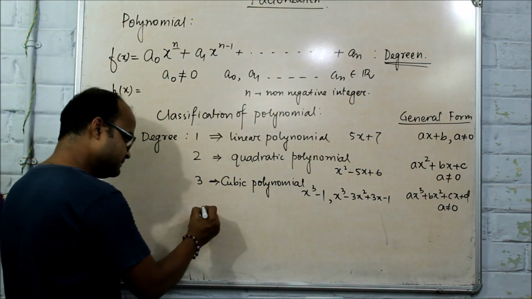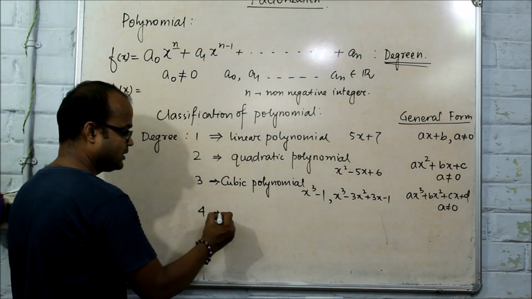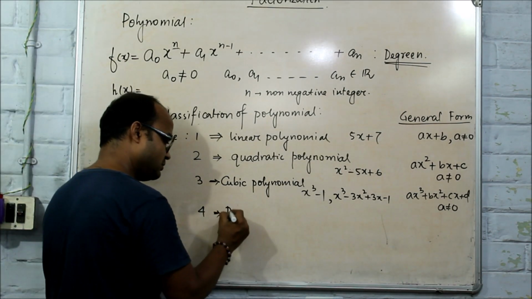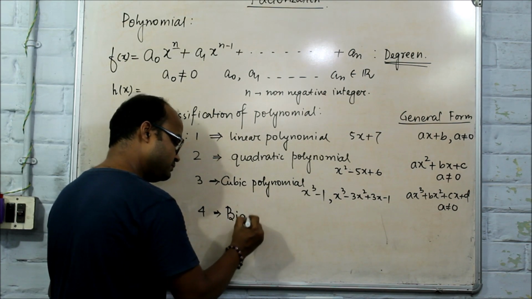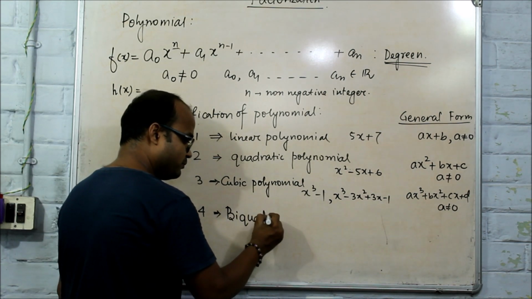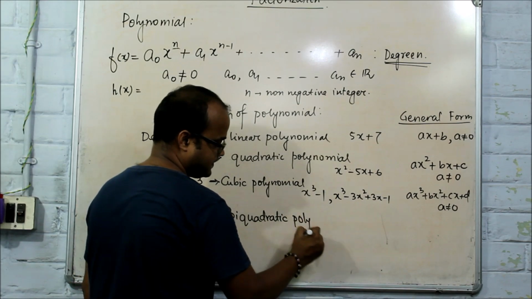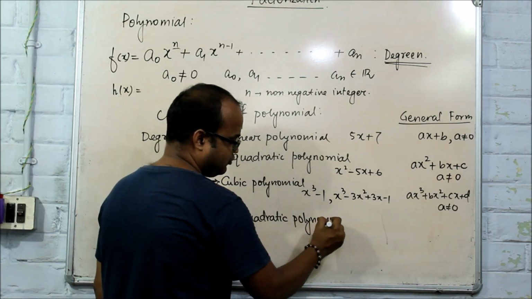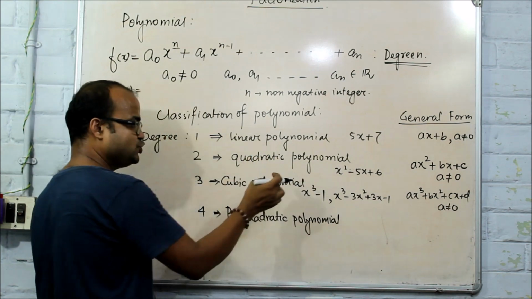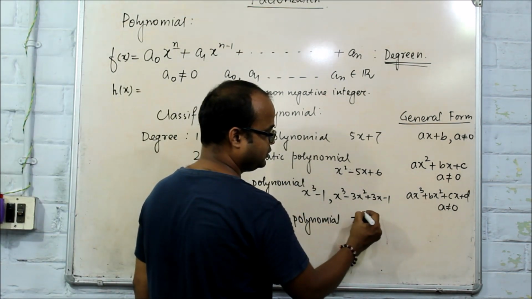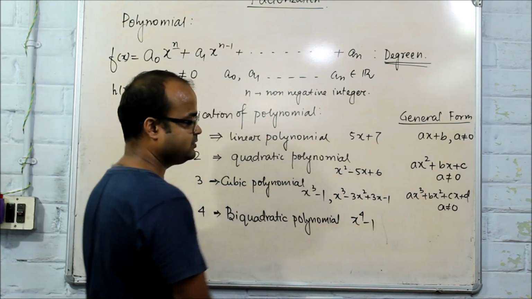If the degree is 4, then it is a biquadratic polynomial. Biquadratic means quadratic is 2, bi means 2. An example is x to the power 4 minus 1.